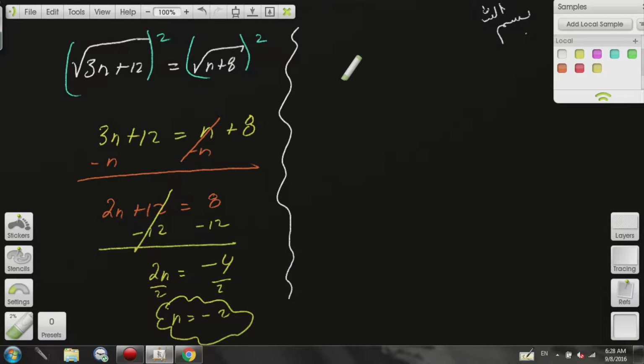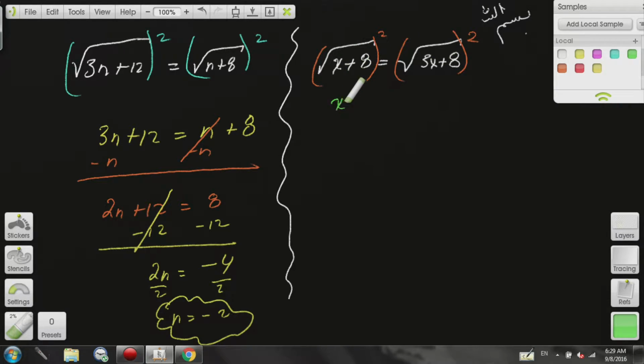Let's do another one of this kind. Square root of x plus 8 equals square root of 3x plus 8. Same thing as before, we have radical symbols on both sides, you just square them, make things so easy.